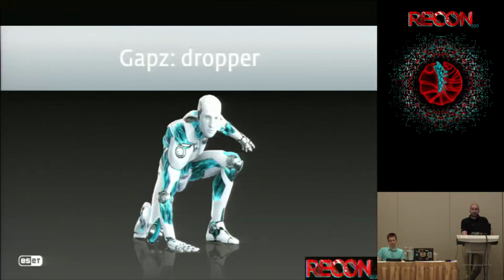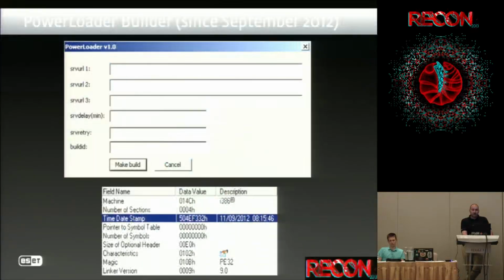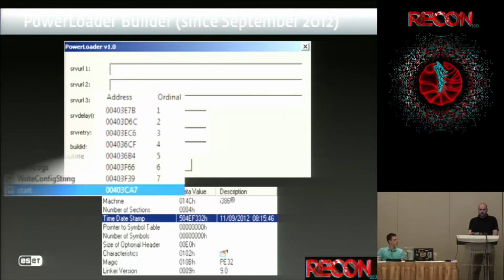Okay, starting with the Gapz dropper. The Gapz dropper is based on the Win32/Carberp loader builder. This builder has been spread since September 2012. The code has already leaked publicly, and at this moment I know 5 malware families which use this code for distribution.